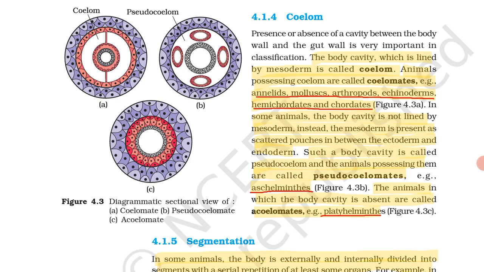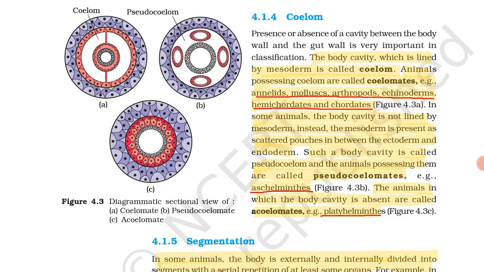In pseudocoelom, there are scattered pouches instead of mesoderm. The examples of coelomates are Annelida, Mollusca, Arthropoda, Echinodermata, Hemichordata and Chordata, and the examples of pseudocoelomates are Aschelminthes, only Aschelminthes.